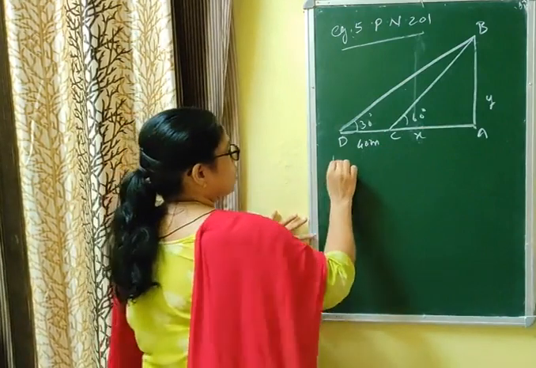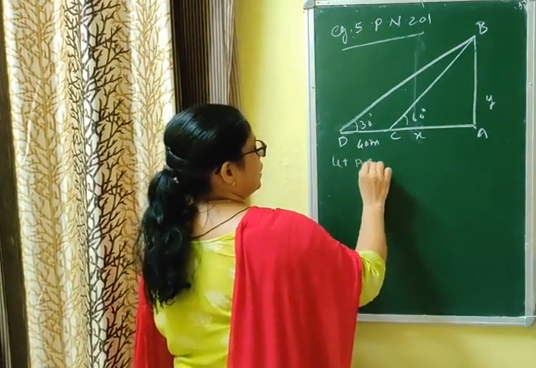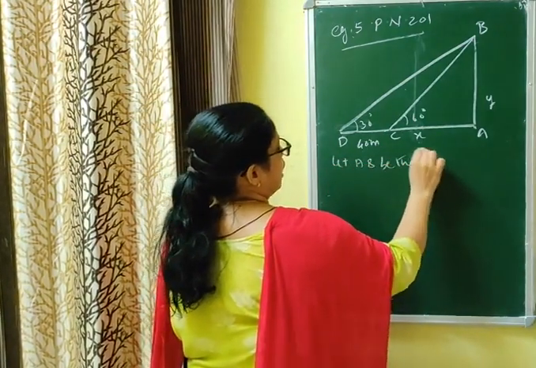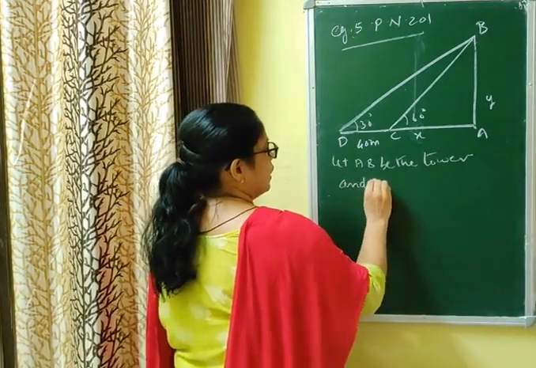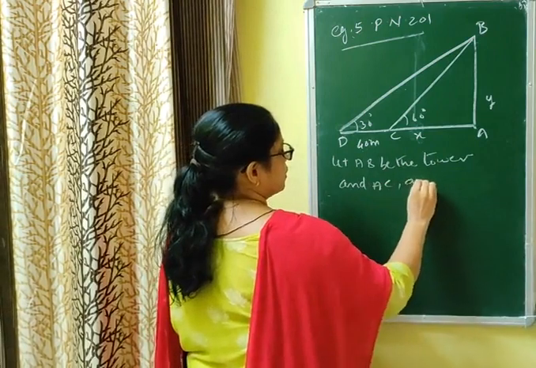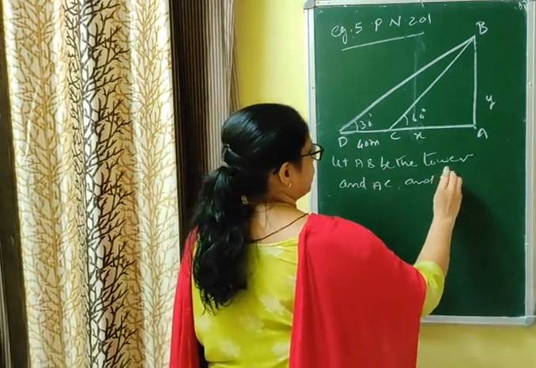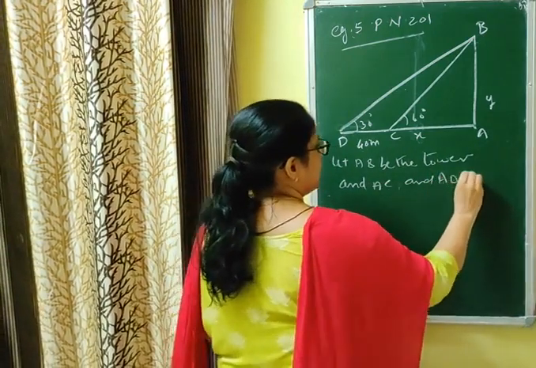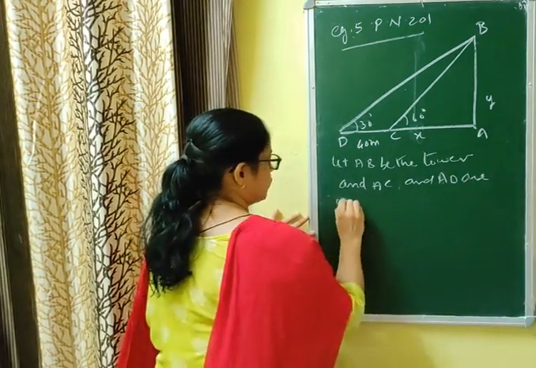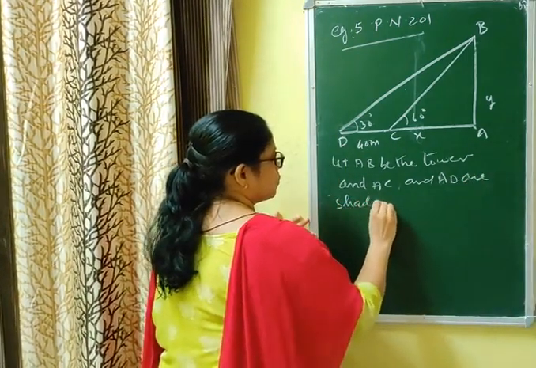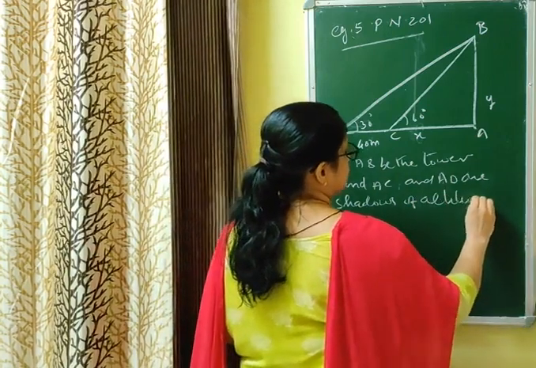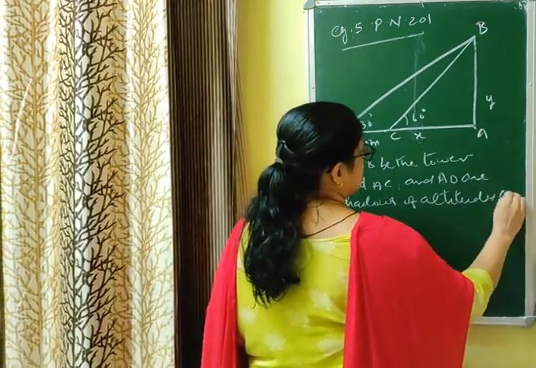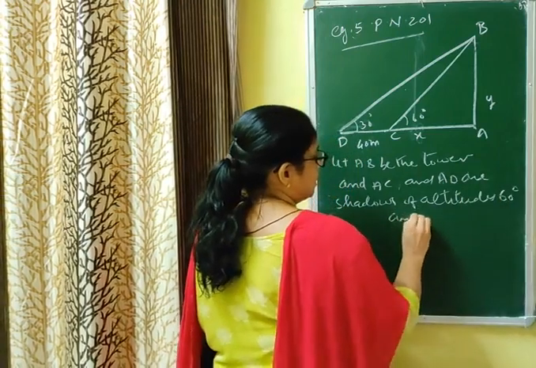Now, let AB be the tower, and AC and AD are the shadows of the sun's altitudes 60 degree and 30 degree.